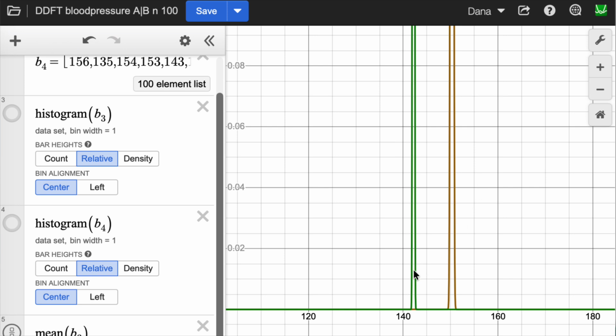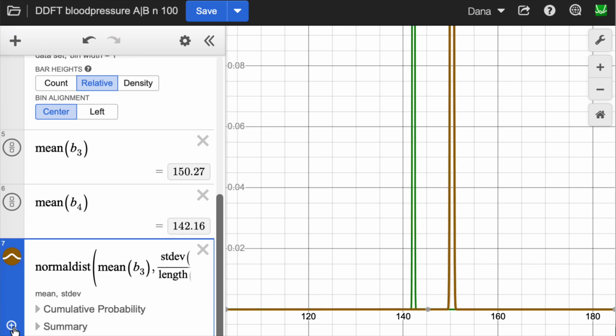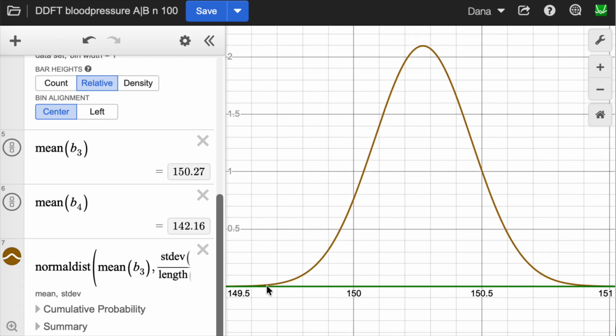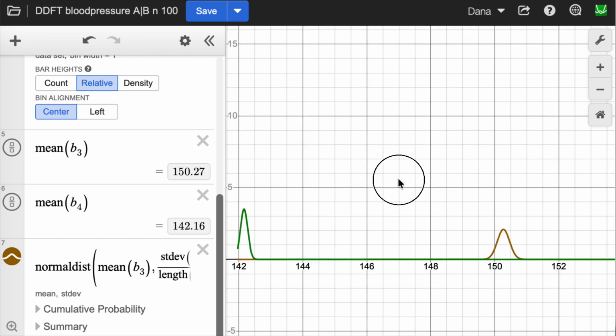That's the spread of the one medication, the possible means, and that's the spread of the other. They do not overlap. In fact, if I bring them on screen, the one medication, 149 to 150.8, that's its possible range in which it exists. And we come back out to the other one.